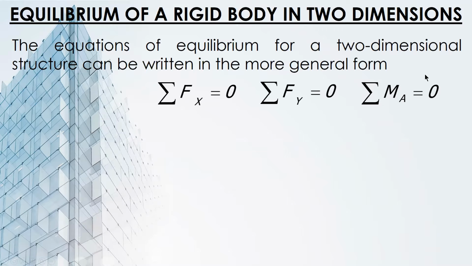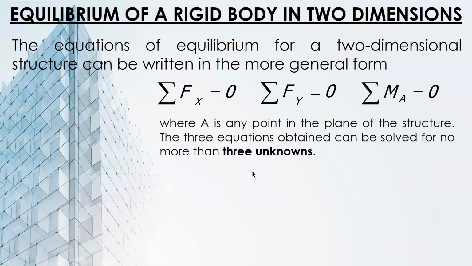Not about x or y. So, we have three conditions of equilibrium. Therefore, there must be only 3 unknowns. Where A is any point in the plane of the structure. The 3 equations obtained can be solved for no more than 3 unknowns. You cannot solve more than 3 unknowns.